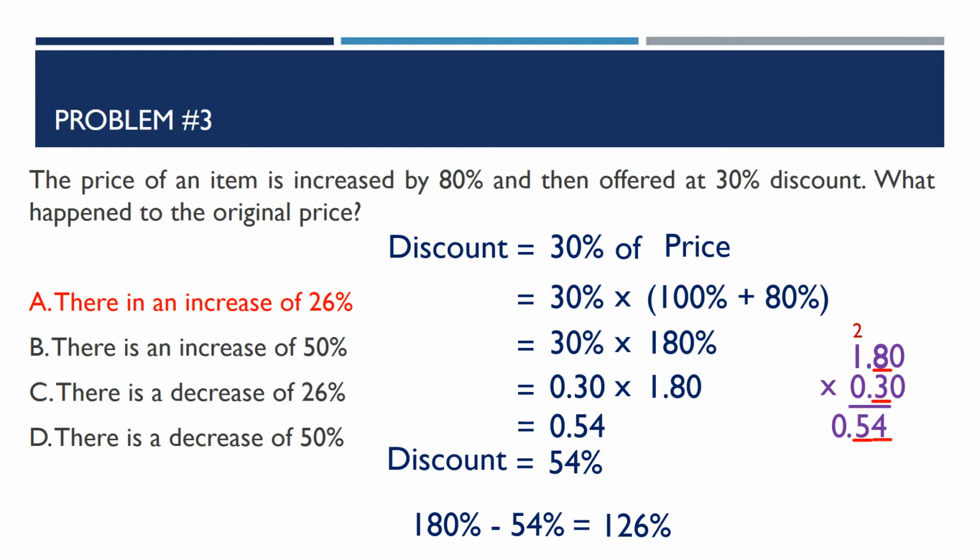So when compared to the original price before it increased, it is now increased by 26% only. So instead of 80% at first, it is now 26% because 30% of the new price was discounted. So that's why the answer in this problem is an increase of 26%.